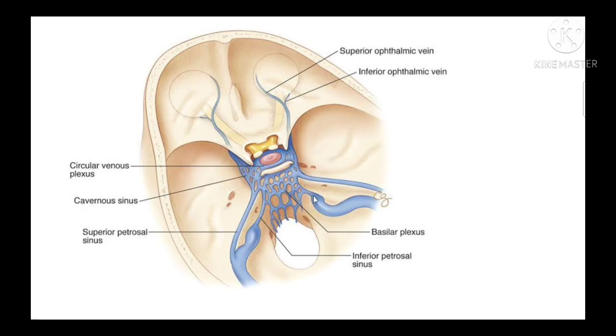As you can see here, it goes toward the petro-occipital region and finishes in the sigmoid sinus. The petro-occipital sinus we cannot see here because it's down. You find this sinus extracranially, in the posterior part of the cavernous sinus, at the level of the foramen lacerum.